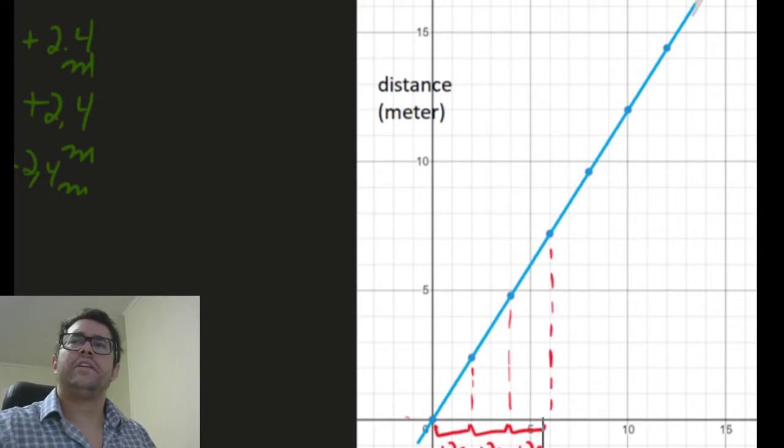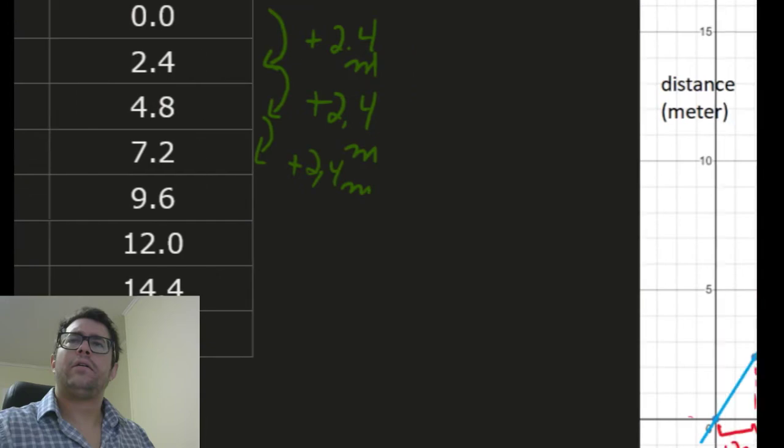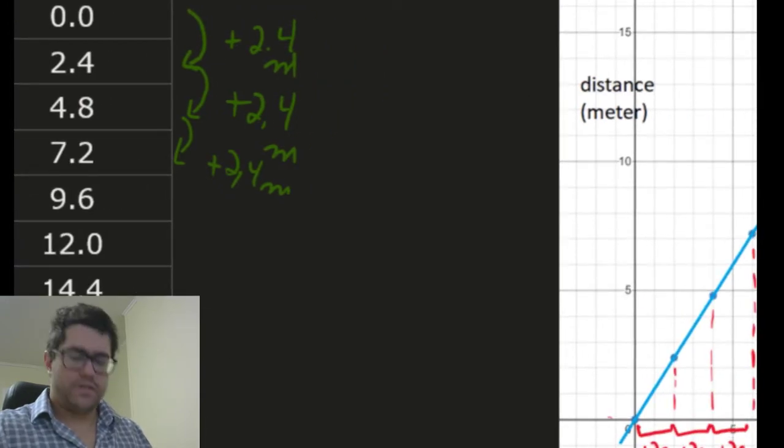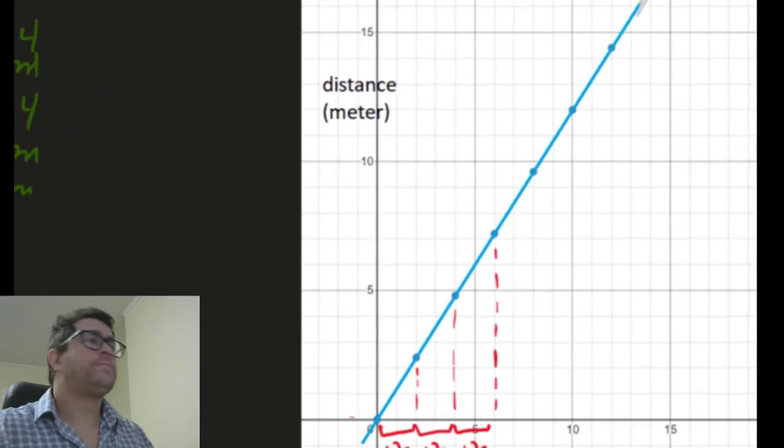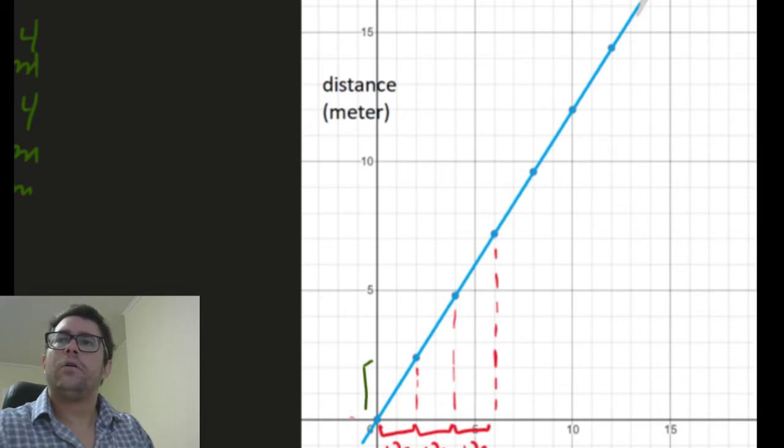Right, so as you can see, this is an increase of this side by constant increase. And on the other side is also constant. See? Okay. From here to here, we have 2.4 meters, from here to almost here, another 2.4 meters, and from here to here, another 2.4 meters.